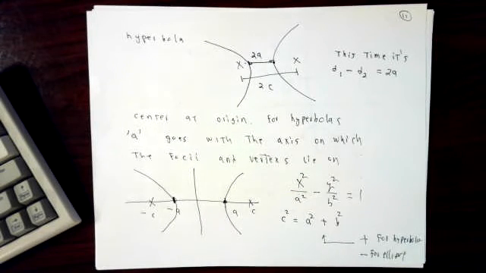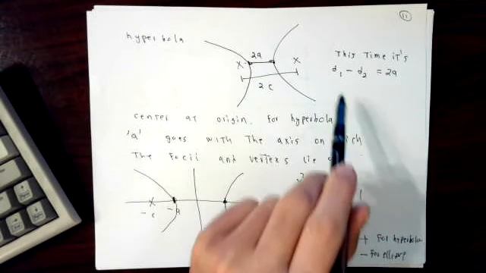I'm not going to make you suffer through the algebra again, but if you wanted to, you could go back to my ellipse calculation, and where it says d1 plus d2, erase the plus sign, put in a negative sign, and then do all of that horrific algebra again. But the result is this.